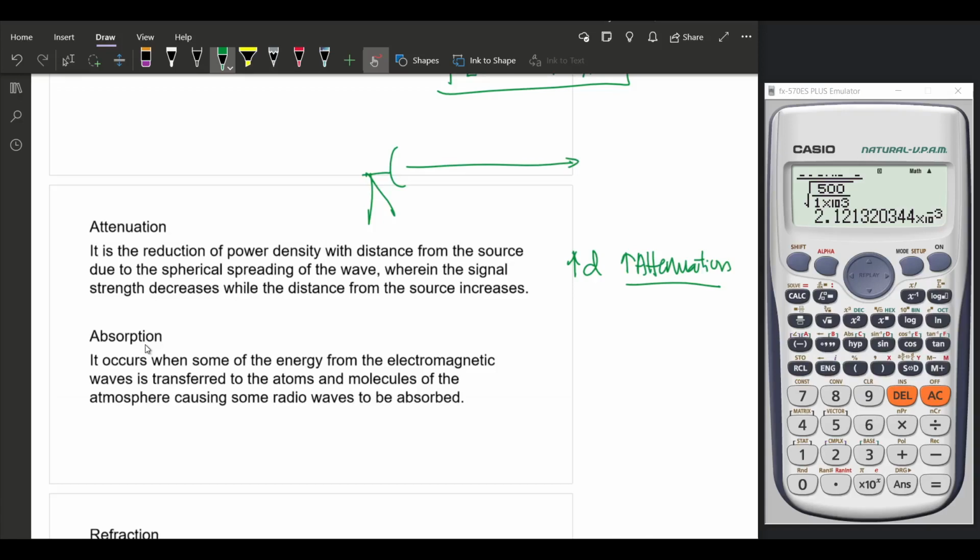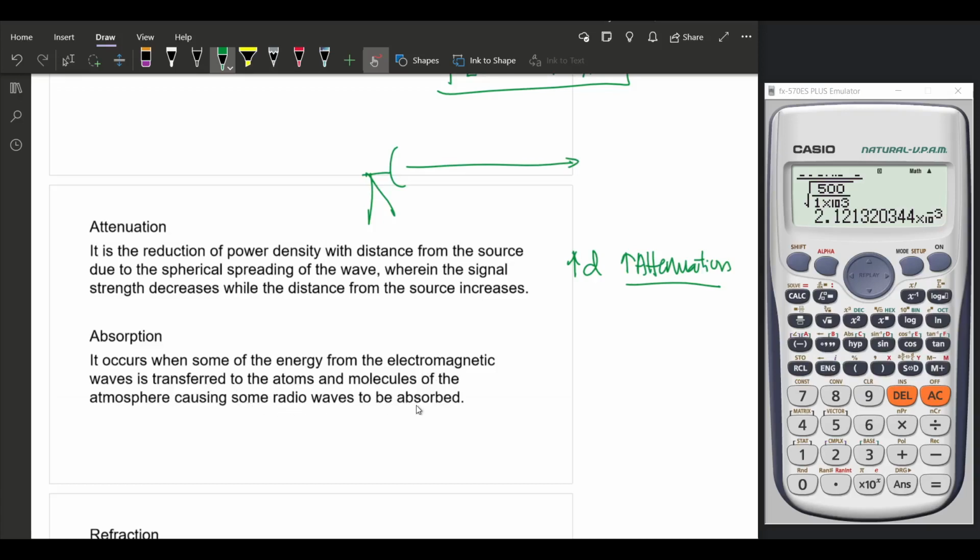So some of the atoms or molecules nung atmosphere, nag-absorb yun ng parts ng radio wave. Okay, so ang sabi dito, the energy from the electromagnetic waves is transferred to the atoms and molecules of the atmosphere, causing some radio waves to be absorbed.